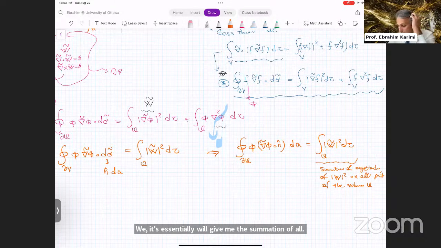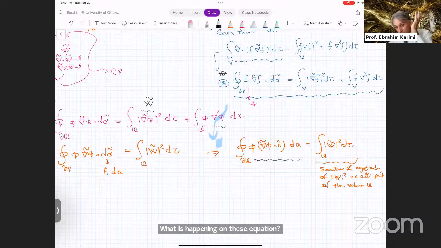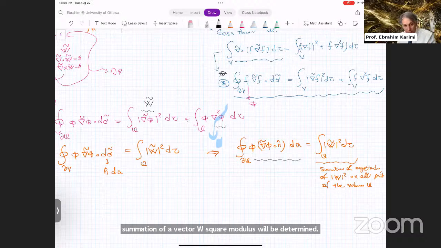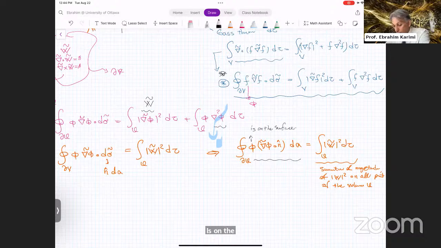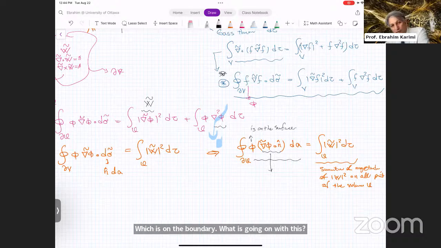What is happening on the left side of this equation? It seems that this summation of the vector W squared modulus will be determined not on a volume, but on the surface, and it will be determined by two quantities. And remember, what is this phi? It is on the surface, which is on the boundary. What is the gradient of phi? What is this vector? It is W, right?